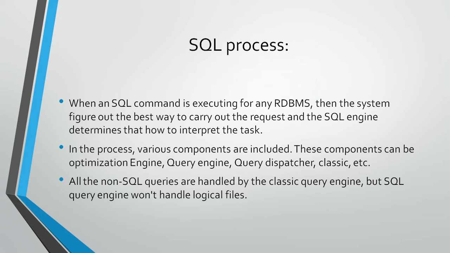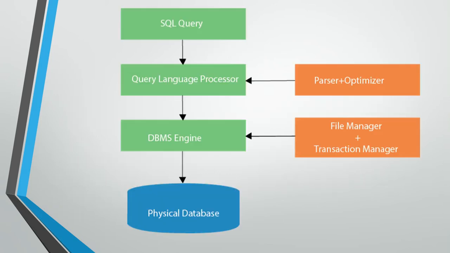Next is the working of SQL statements. We have already discussed the structure of a database system. It contains components like SQL query manager and query language processor, DBMS engine, and the actual physical database. Then the SQL query is passed over to the query language processor.